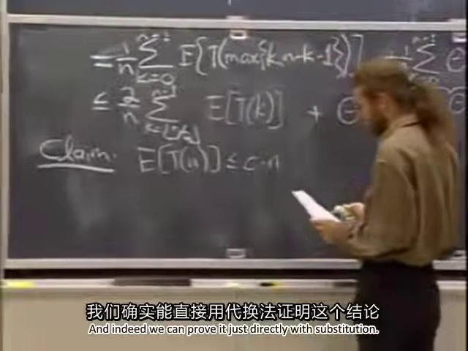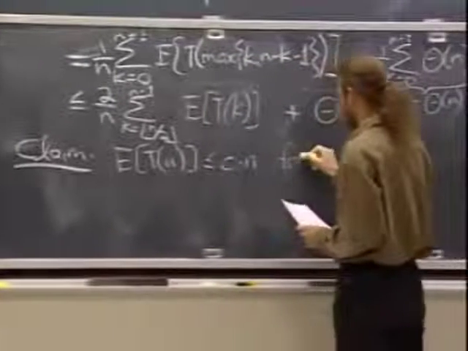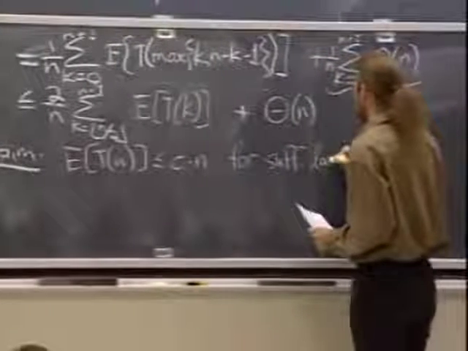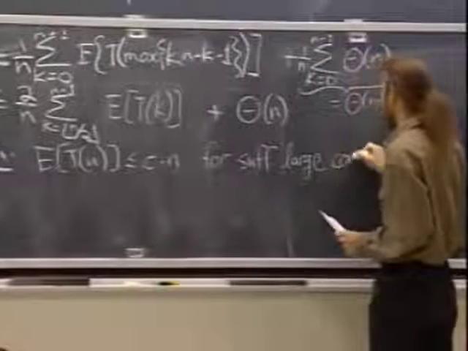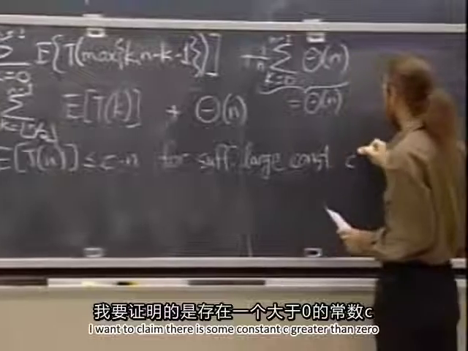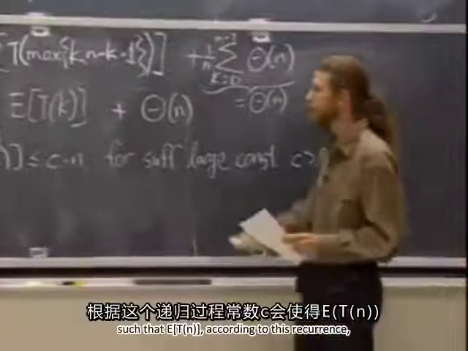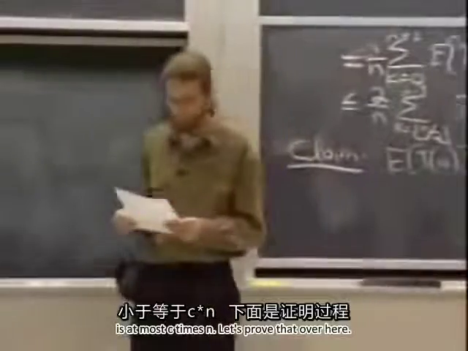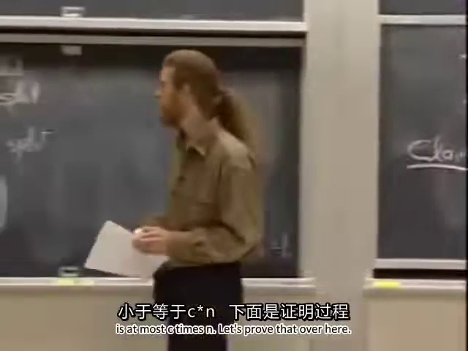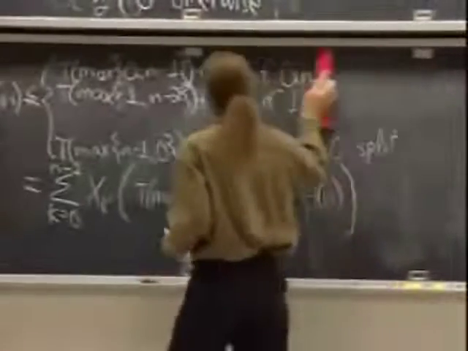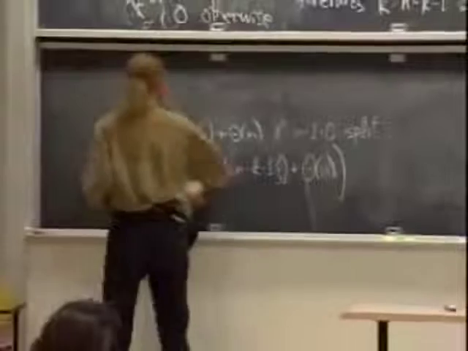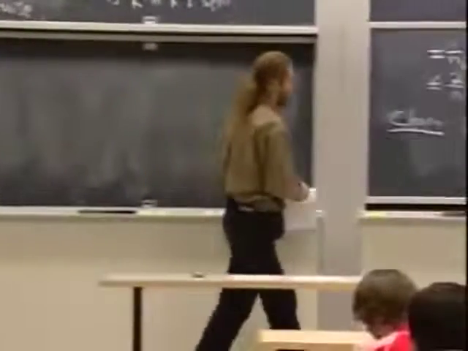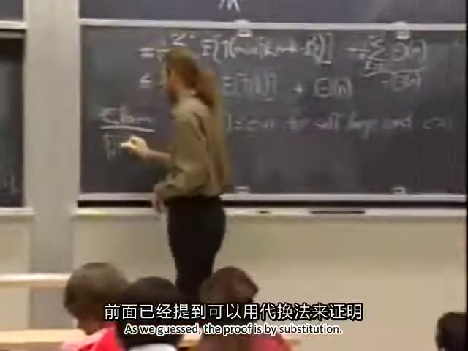And indeed we can prove it just directly with substitution. So I want to claim there's some constant c greater than 0, such that E of T of n, according to this recurrence, is at most c times n. So let's prove that over here. As we guessed, the proof is by substitution.